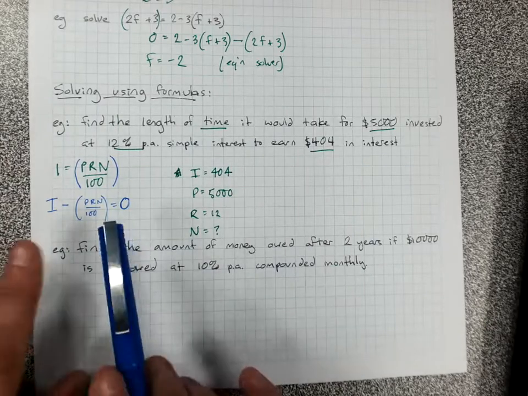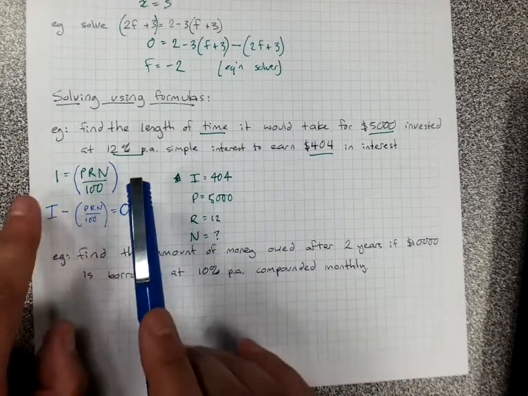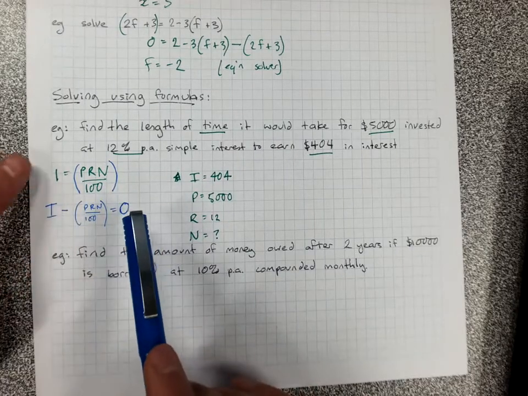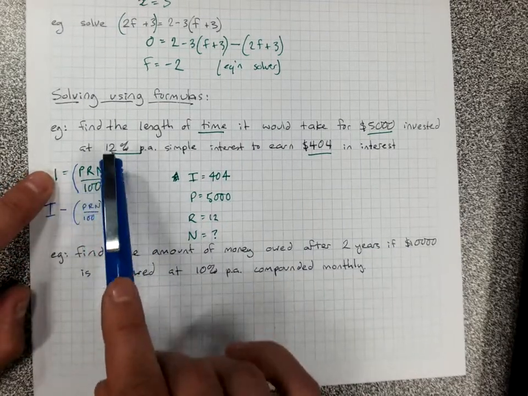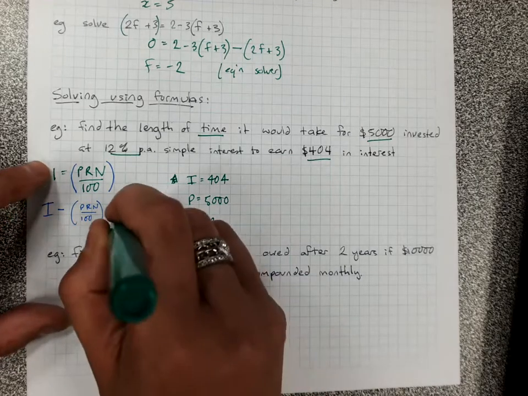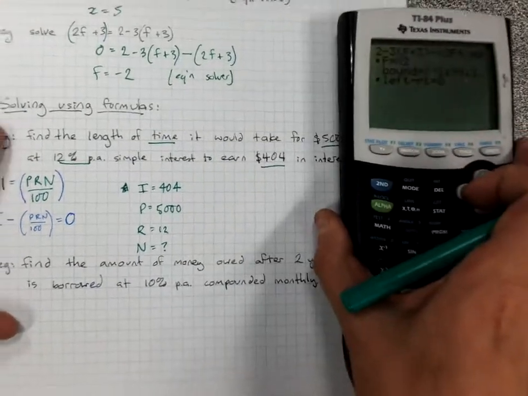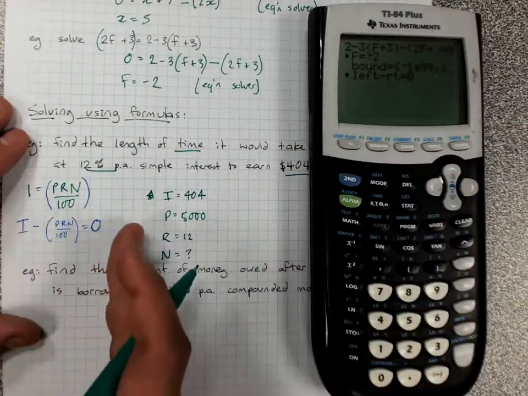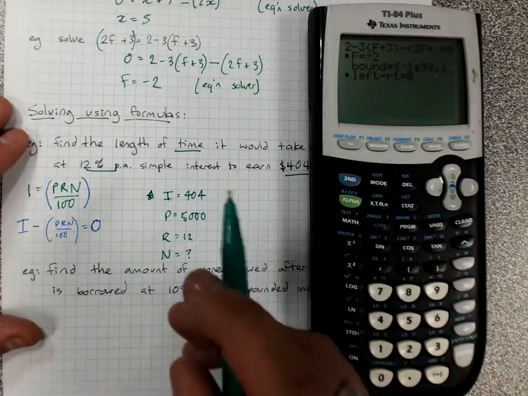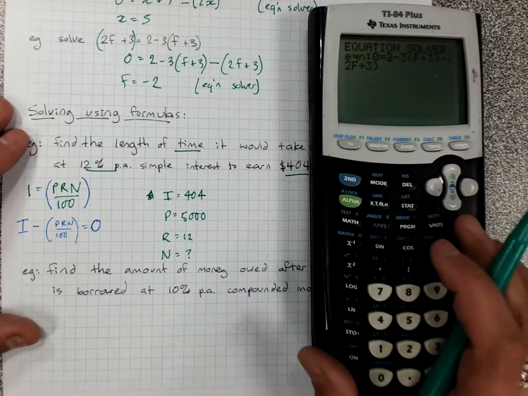So you'll see it's easier to get the 0 over here on the right for this one, because it's just this side, take away that side equals 0. But we should probably put this one, it's going to have to become 0 equals this. So up to get into your equation and clear.